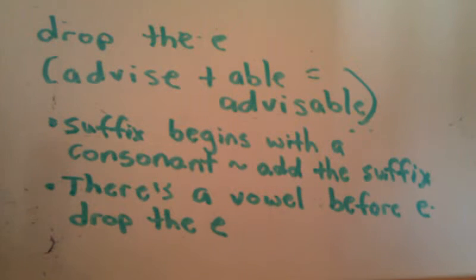Okay? So we're talking about what to do if the word ends in a silent E. We said if the suffix begins with a consonant, just add the suffix.